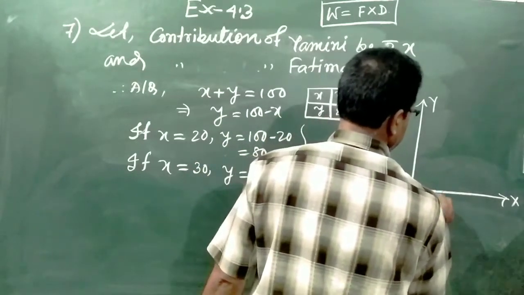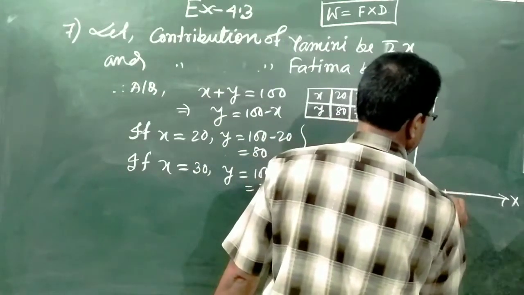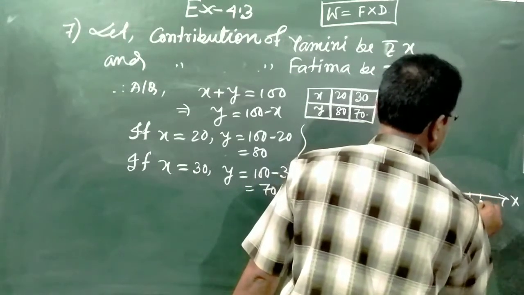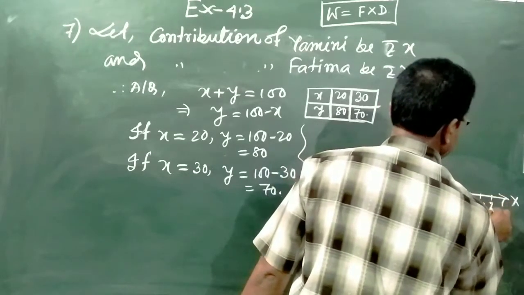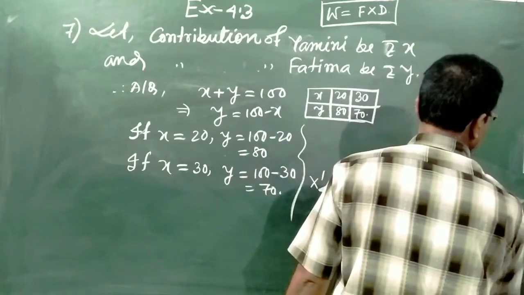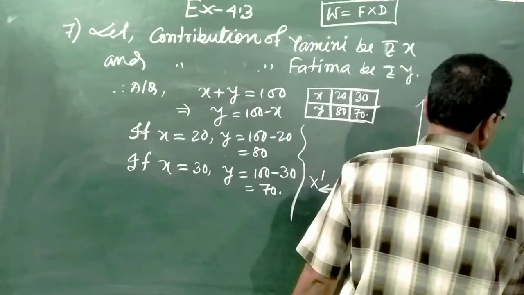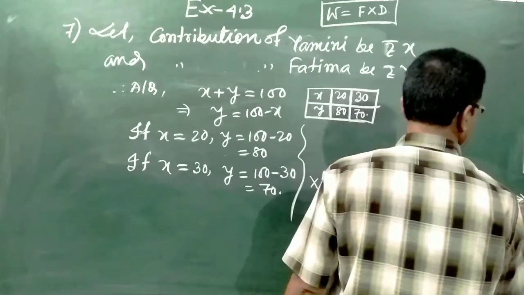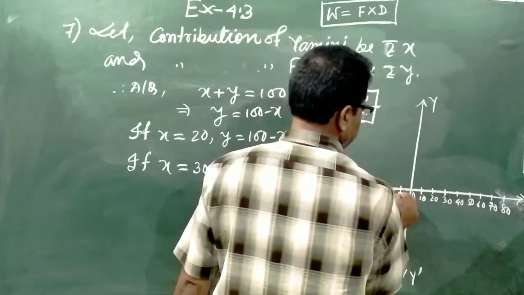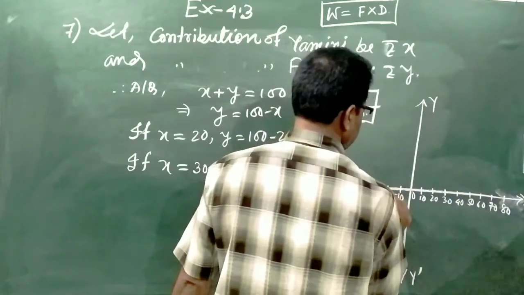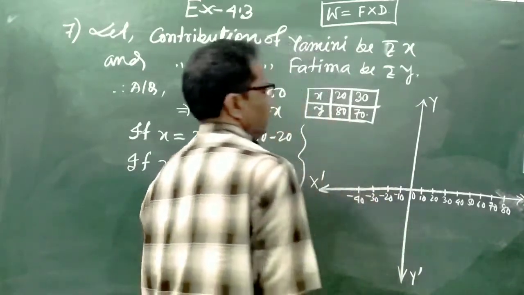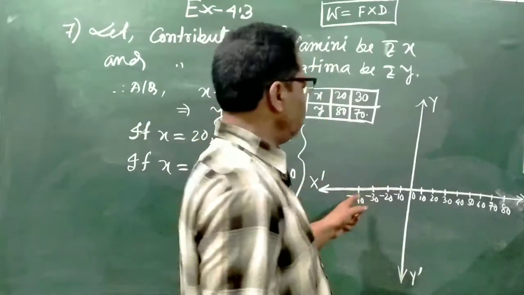This is 10, 20, 30, 40, 50, 60, 70, 80. In this way it will go. X dash 80. This side minus value, then minus 10, minus 20, minus 30, minus 40. In this way it will go on. As negative value is not there, this side we are not taking more.